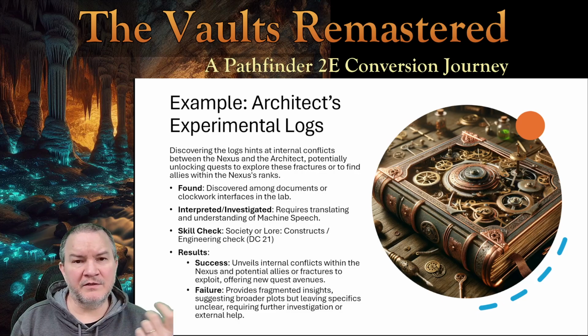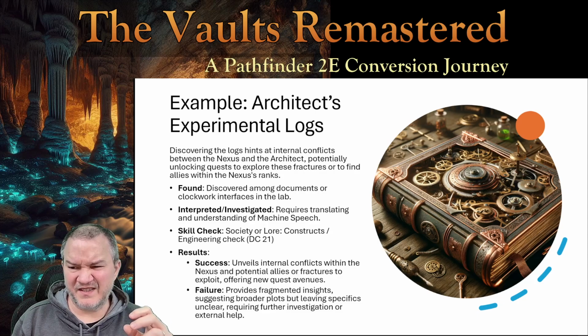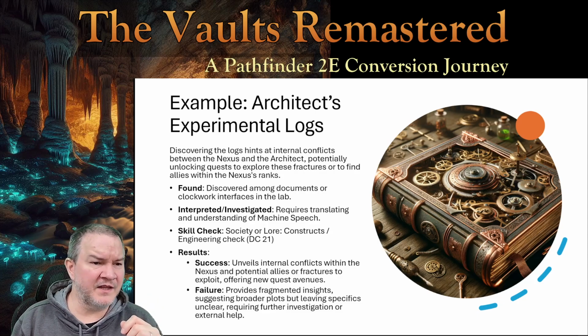This is the one where they're pursuing the children and this assimilant and this AI system. Again, in this constructy, clockworky lab area, there are logs that have been hidden that detail the experiments that have been going on here.